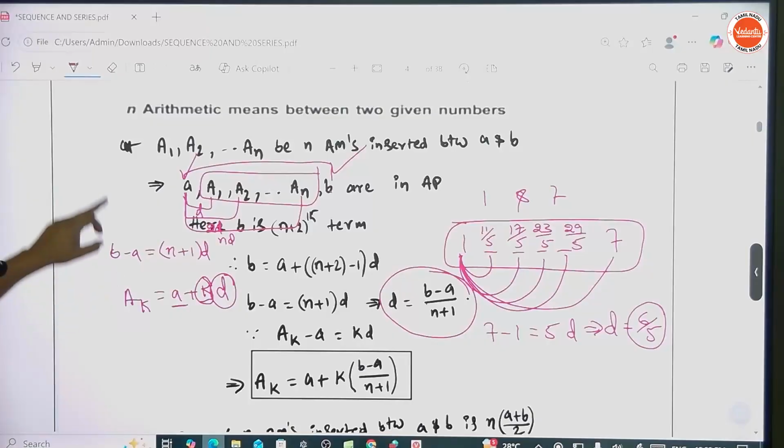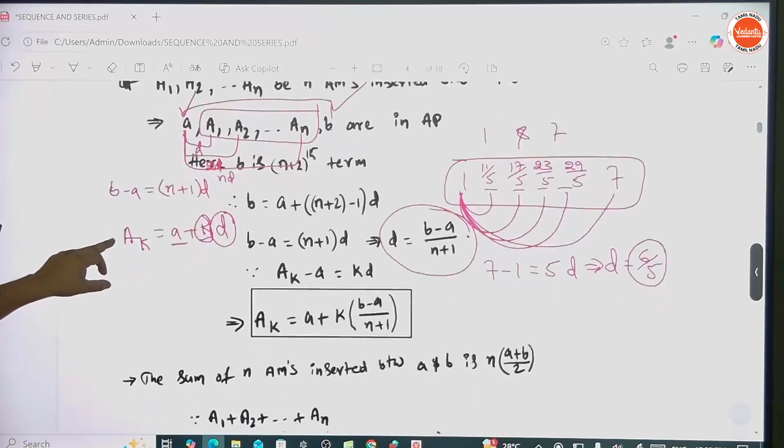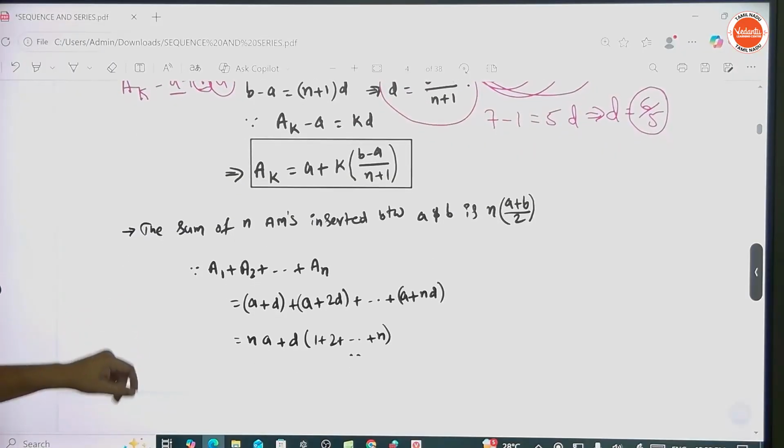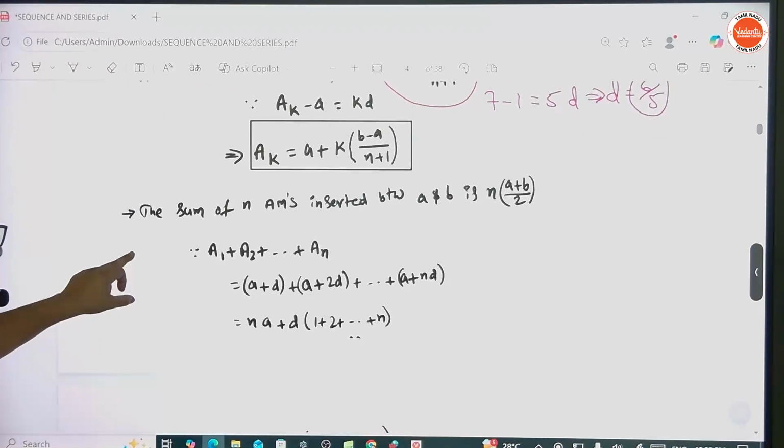So that's what it is. The point overall is that the sum of n arithmetic means inserted between a and b is equal to n times the arithmetic mean between a and b.